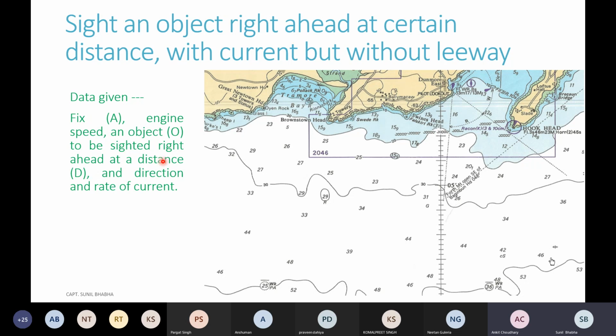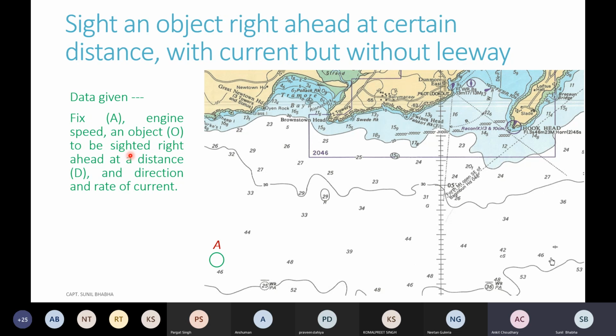At what distance the object should be right ahead is also given, and the set and rate of the current is also given to us. So this is what is provided, and what we are required to find out is the course to steer.